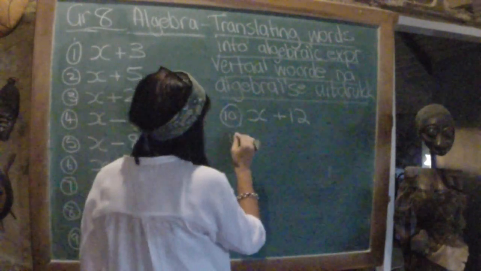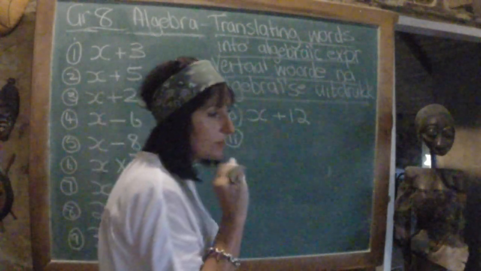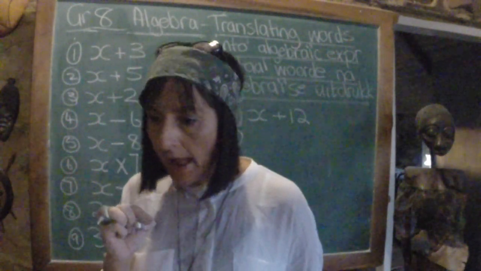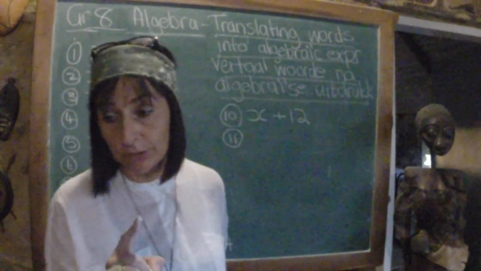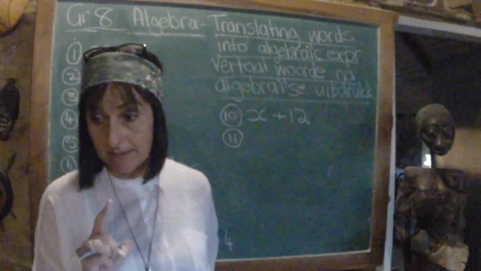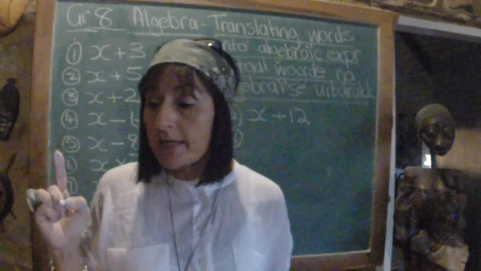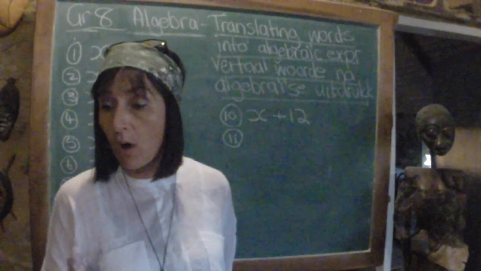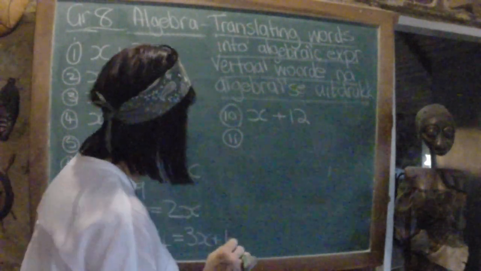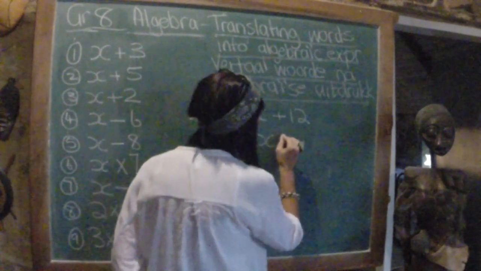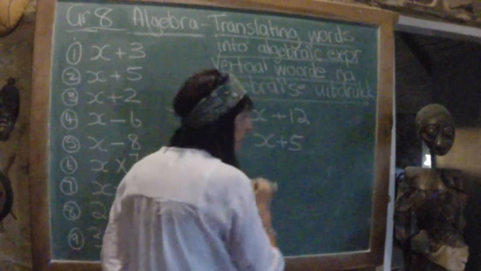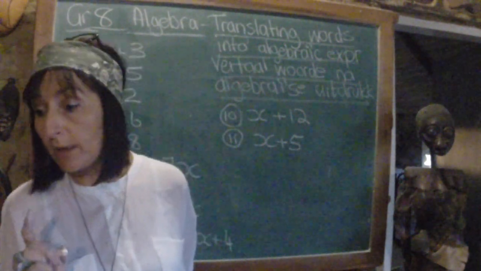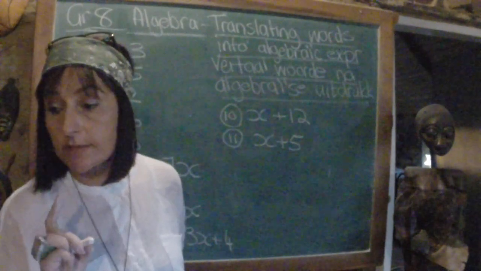So I need to have the sum of a certain number and 5, and then after that I've got to multiply it by 6. Ons moet nou mooi luister. Die antwoord as ek 'n sekere getal tel by 5 en daarna maal met 6.